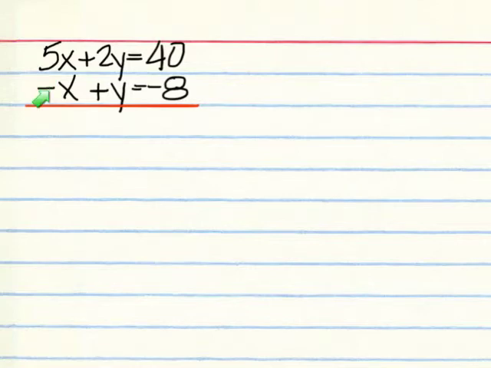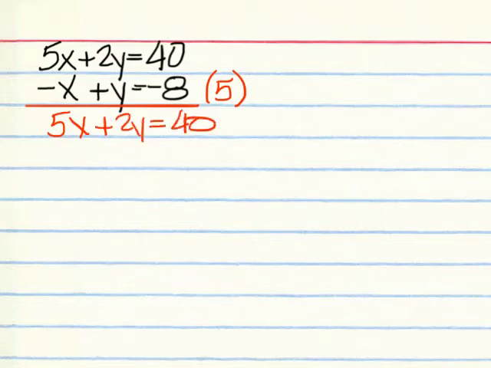Now you can forget about the negative sign for right now. Just think of it as 5 and 1. There's no need to multiply the top by anything, but on the bottom you multiply by 5. The top stays the same, but on the bottom you have -5x plus 5y equals -40.